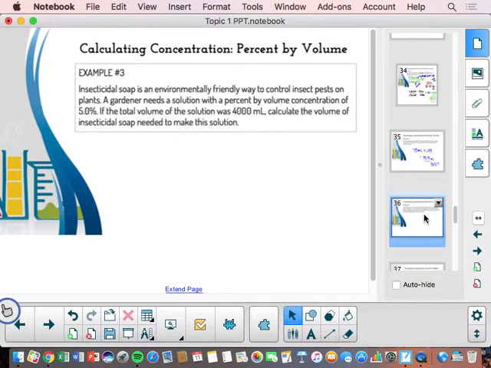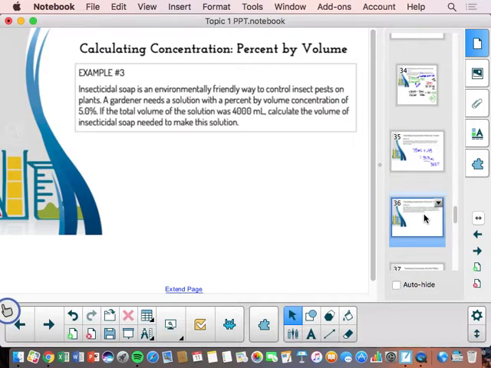And there's another example. So let's do this example. It says insecticidal soap is an environmentally friendly way to control insect pests on plants. A gardener needs a solution with a percent by volume concentration of 5%.